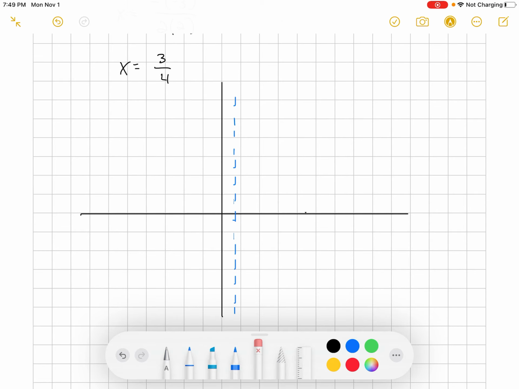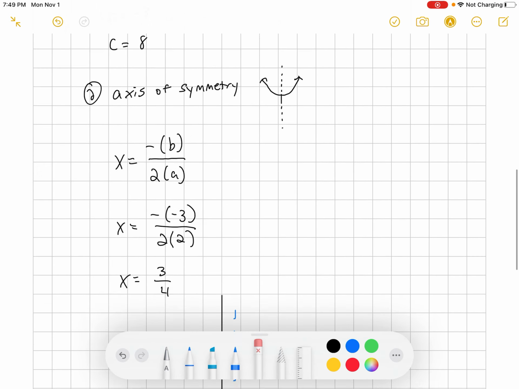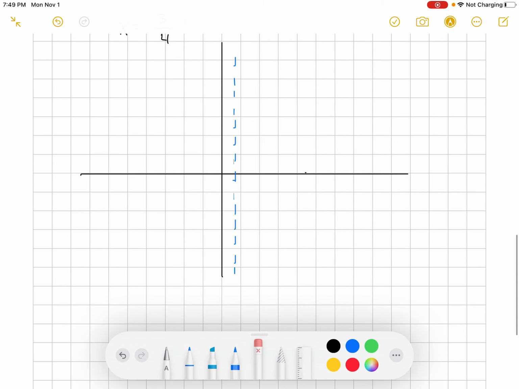Okay, let's next find our y-intercept. Where does my parabola cross the y-axis?